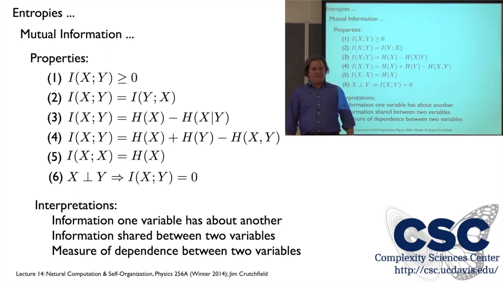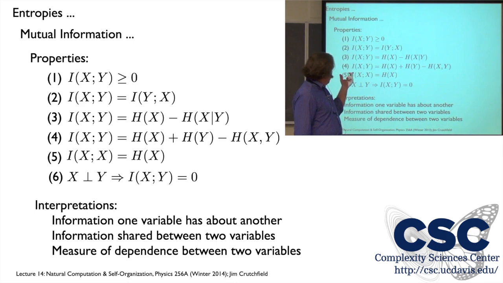So it's a measure of dependence. It's 0 when they're independent, and large when there's some dependence between them. So: information one variable has about another, information shared between two variables, a measure of dependence. These are slightly different interpretations.